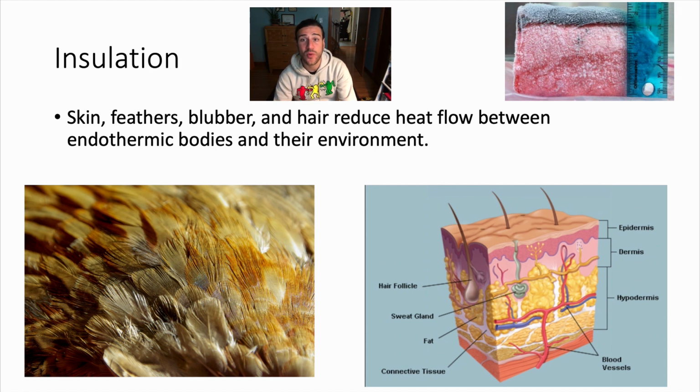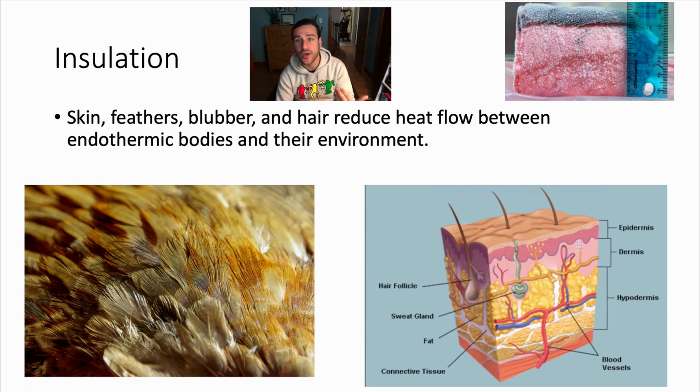Now, it makes sense why marine mammals don't have much hair, because when hair is wet, its insulative properties really vanish. The main reason why hair works really well in terrestrial ecosystems is because hair actually traps air. And air is an excellent insulator.